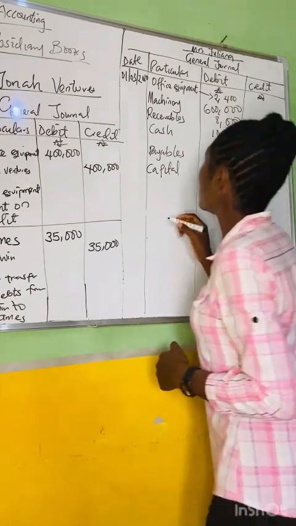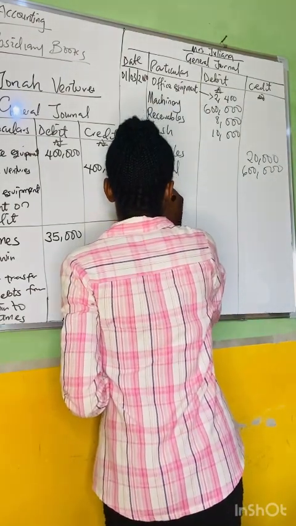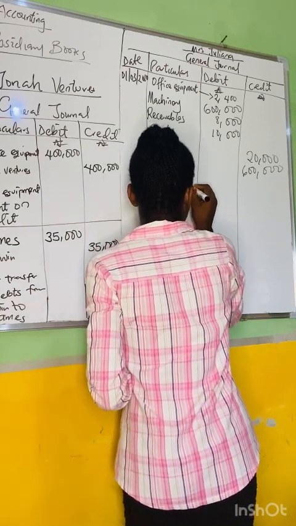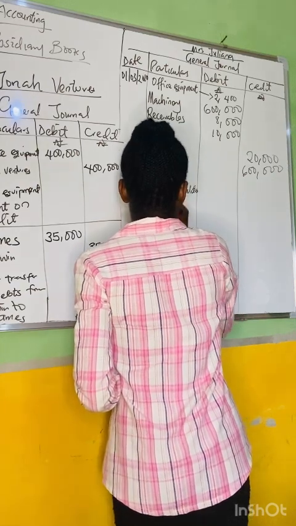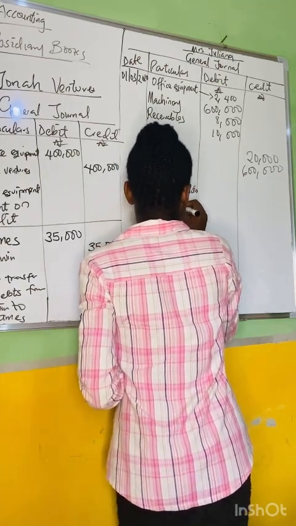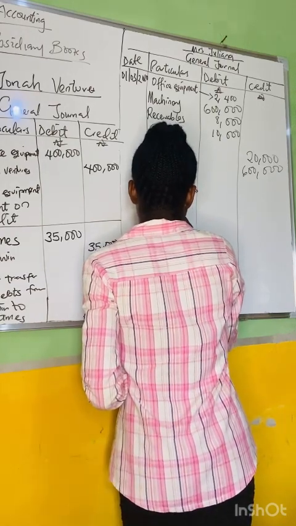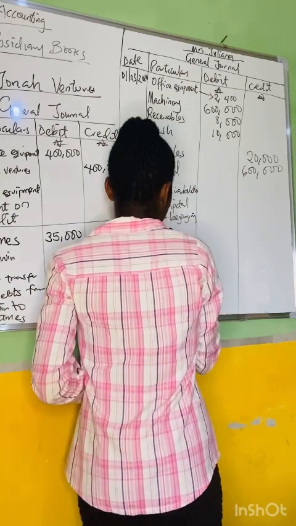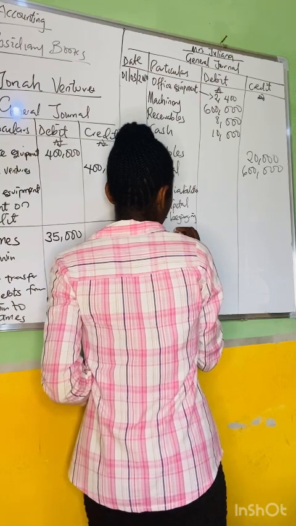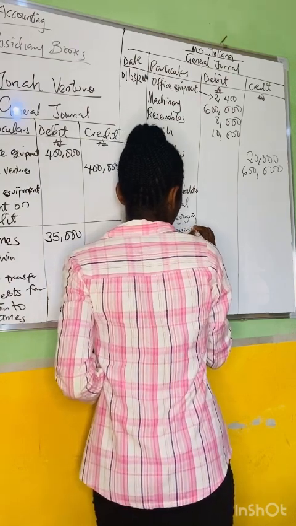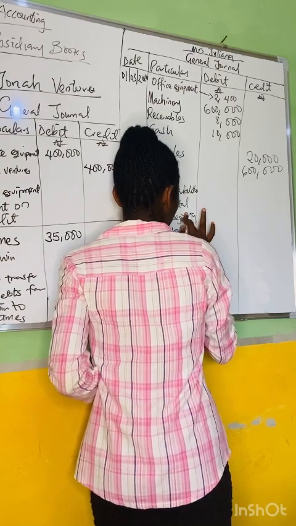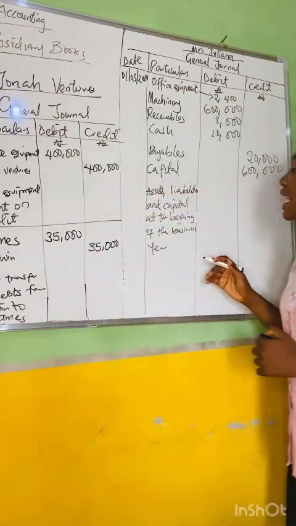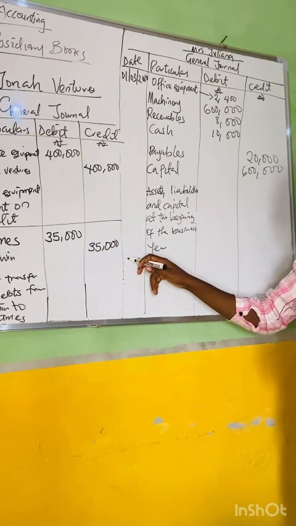So with this we can say that this is the asset, liability and capital at the beginning of the business year.